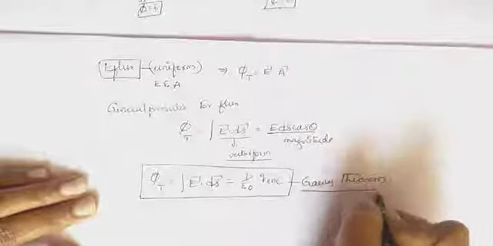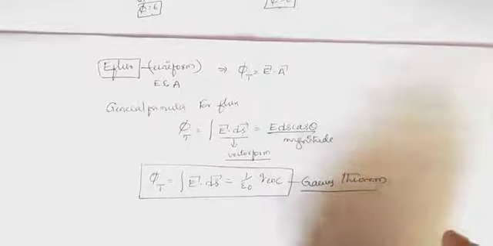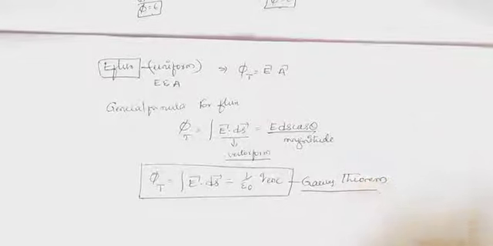Depending on it we have so many applications, and we can solve many complicated problems which are not easily solved by Coulomb's law. We can solve them with Coulomb's law also, but it is complicated and difficult, so we use Gauss law to overcome the difficulty of summing up all the electric fields. We are just doing integration.